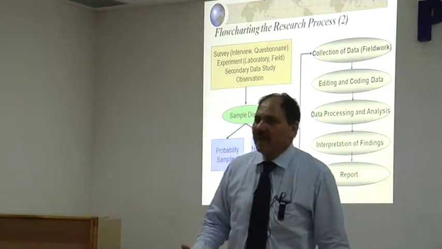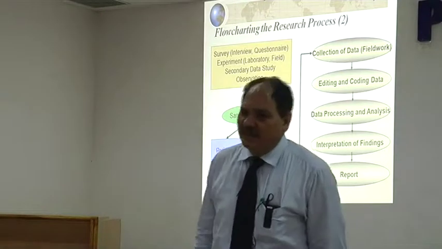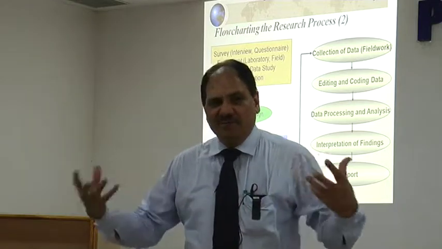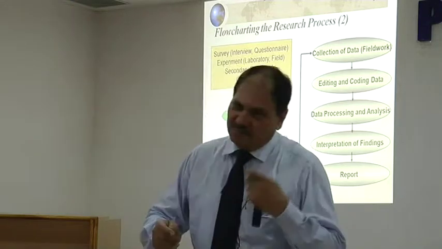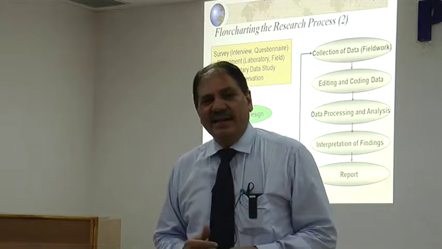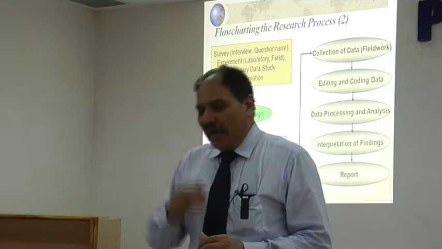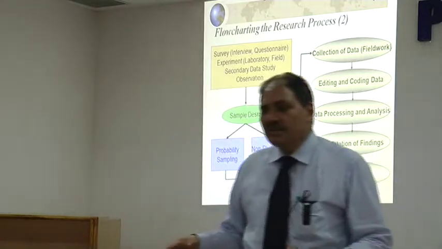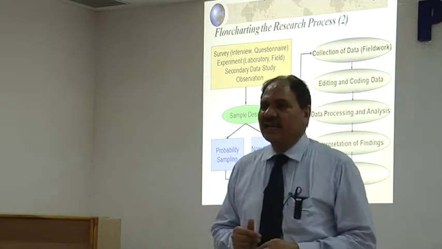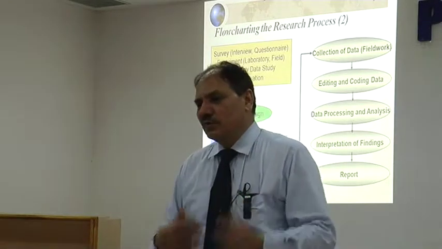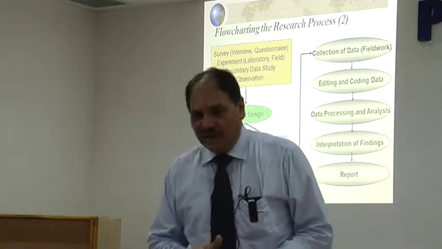Next is sample size. I have seen a lot of people have a lot of anxiety in deciding what should be the sample size for my research. Since I'm talking about sample size here, I would not work out the formula right now, because I will do that during sampling distribution.